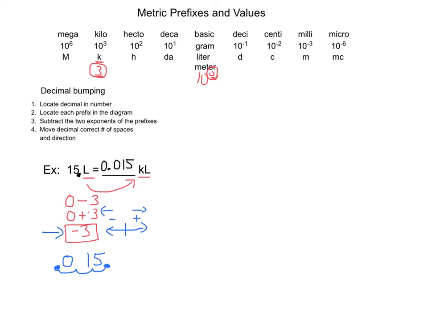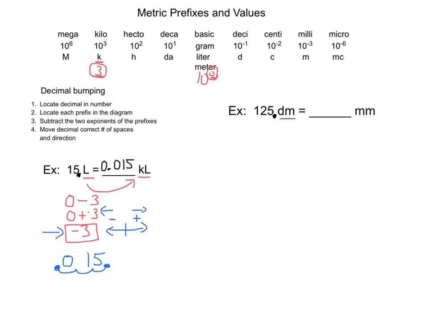Now, let's take a look at another example. Okay, so in this example, once again, I want to start by locating the decimal in the number. And again, that is right here, 125, and the decimal comes after that. And then I want to locate the prefix in the diagram. Well, that means I need to understand what the prefixes are. So DM, okay, what does that stand for?